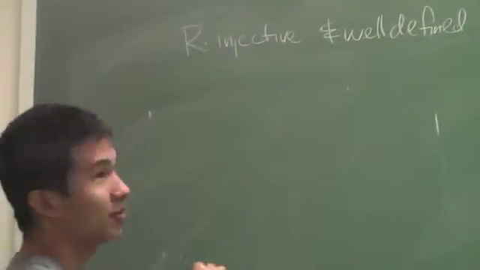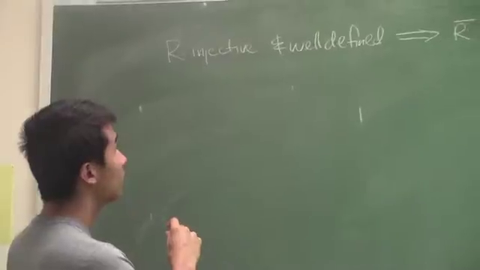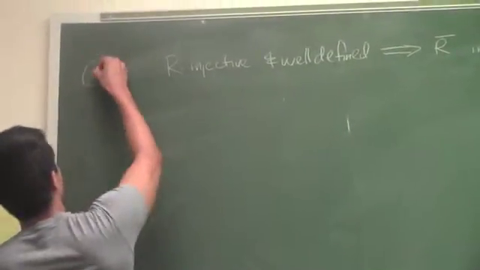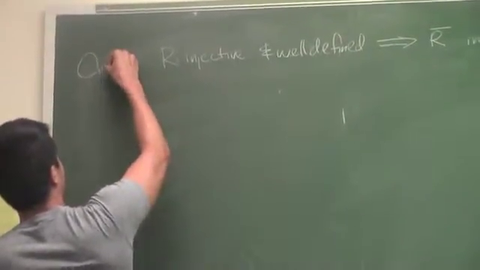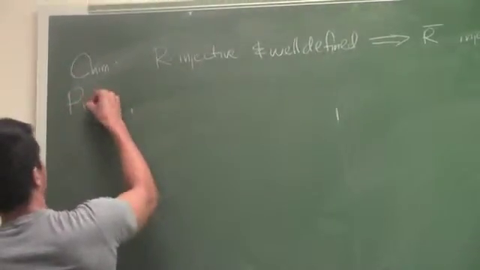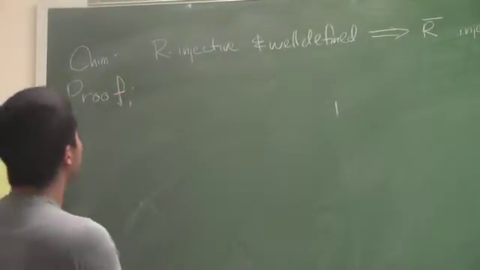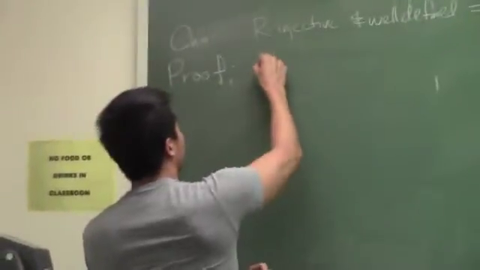Okay, so that's the conjecture, or claim. Put claim in front. And now put proof. So let's take x, y.